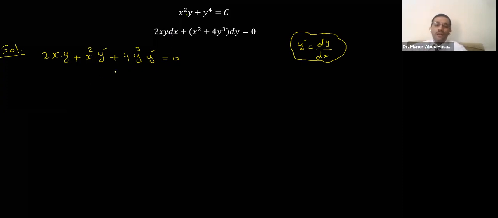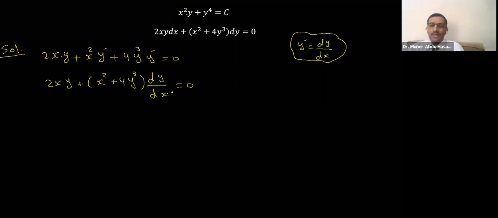First of all, some students will ask me to take y prime as a common factor. So here 2xy plus bracket x squared plus 4y cubed, and instead of y prime, I'm going to write dy over dx, equals 0. Now what should I do?